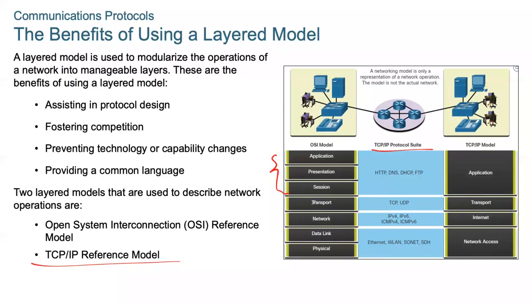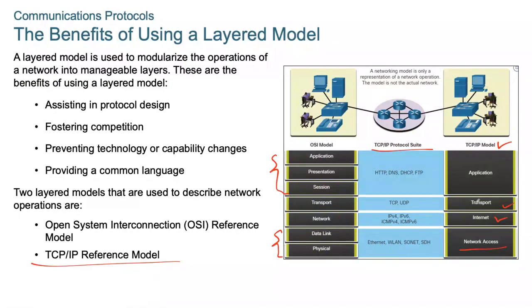The transport layer is treated as the transport layer in the TCP/IP model, and the network layer is treated as the internet layer in the TCP/IP suite. Your data link layer and physical layer together give the network access layer.